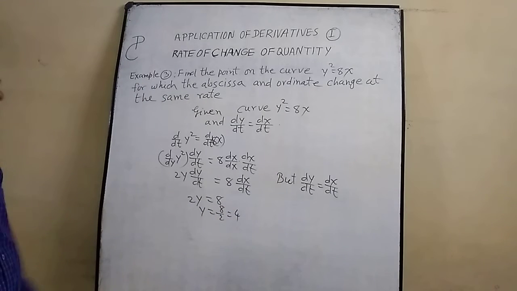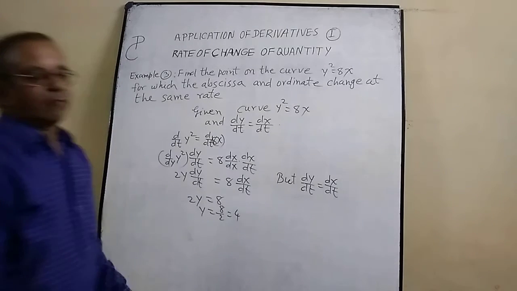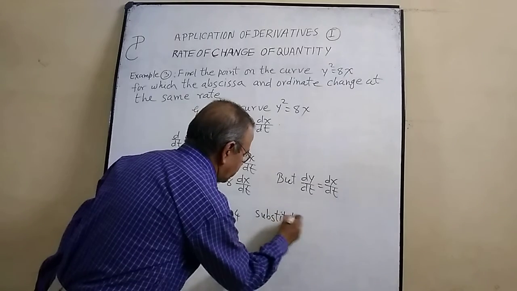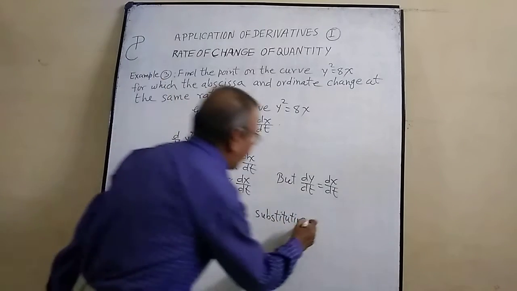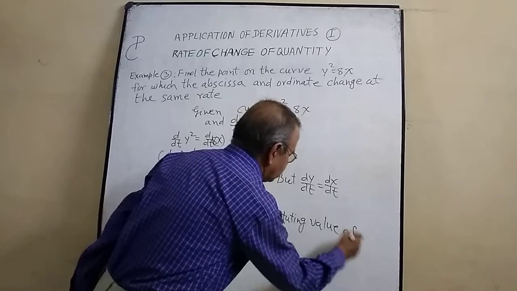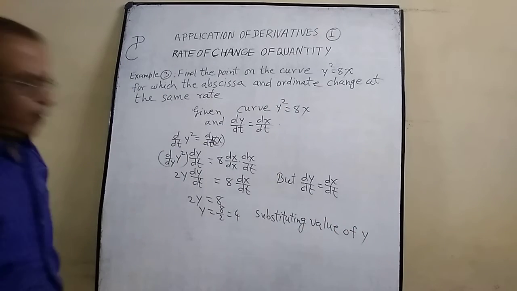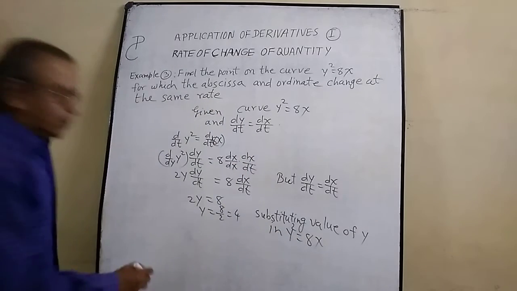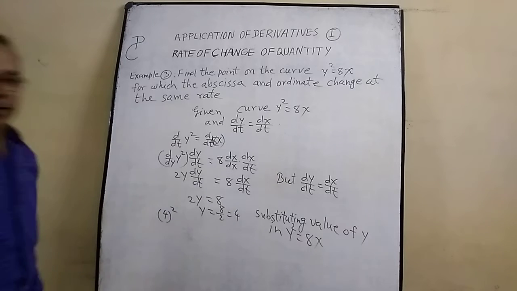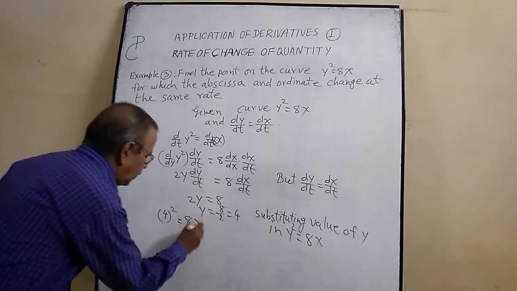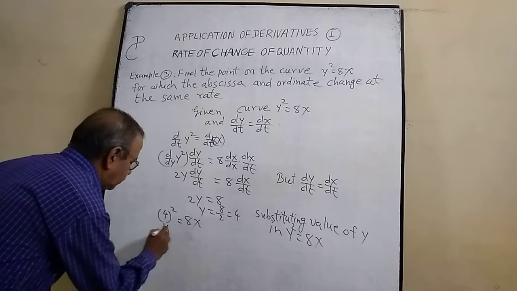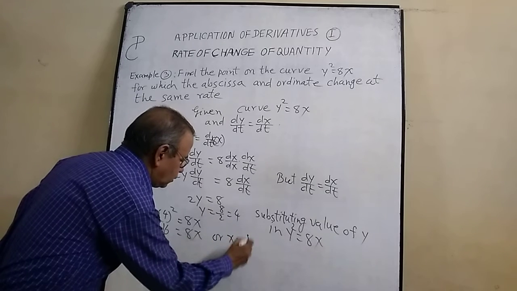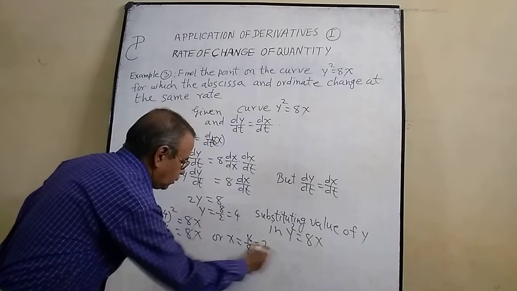Substituting the value of y in y square is equal to 8x, 4 square is equal to 8x, so 16 is equal to 8x, or x is equal to 2.